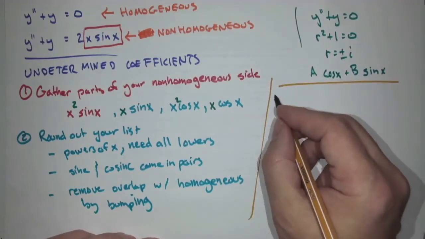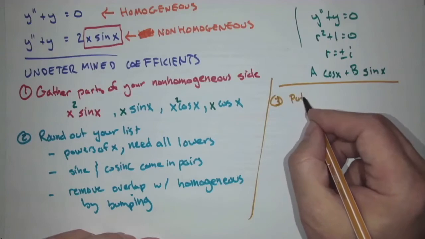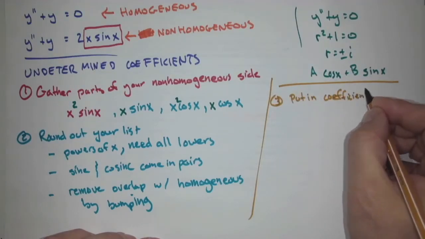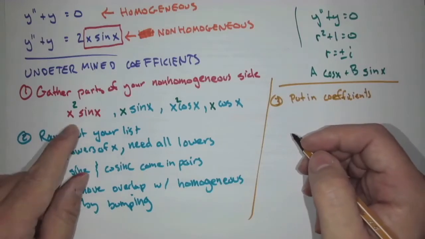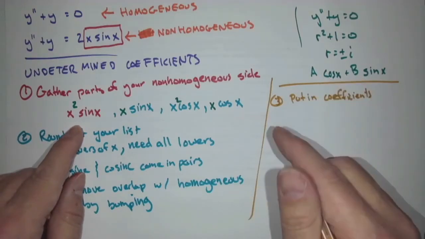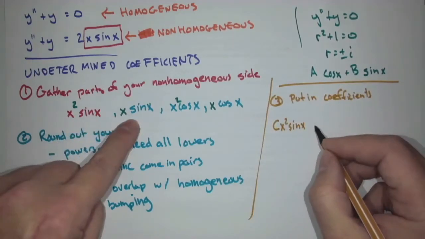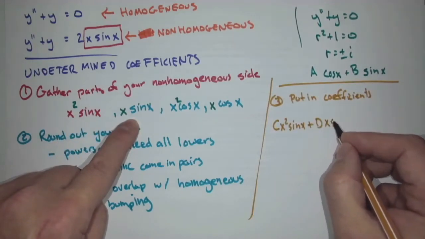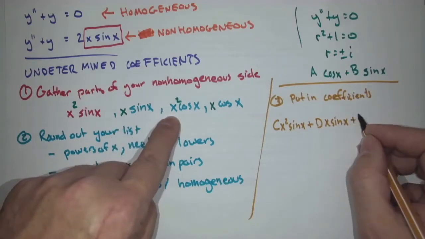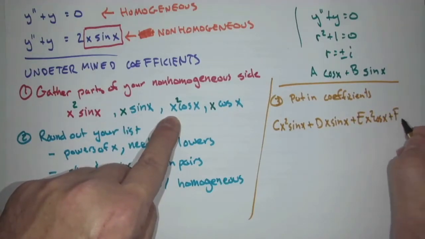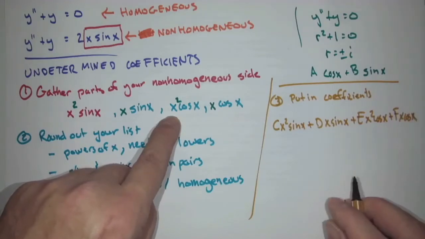The third step is put in your coefficients. So what does that mean? Well, going through we already used a and b, so we have c x squared sine of x, d x sine x, capital E x squared cosine of x, f x cosine x.